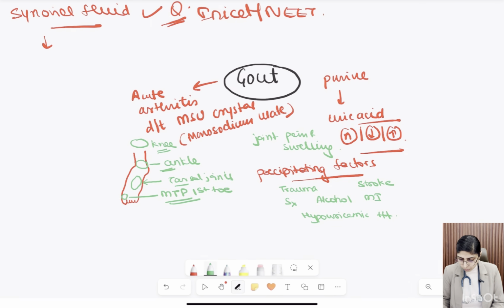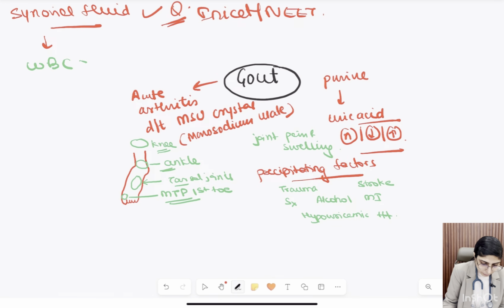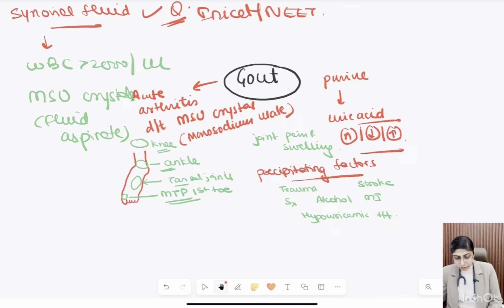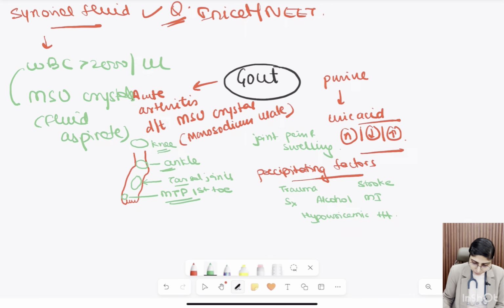So the synovial fluid findings will be WBC more than 2000 per microliter, and MSU crystals on needle aspiration of fluid. So if you tap the joint and take out a fluid aspirate, you can find MSU crystals. So this is about the synovial fluid.